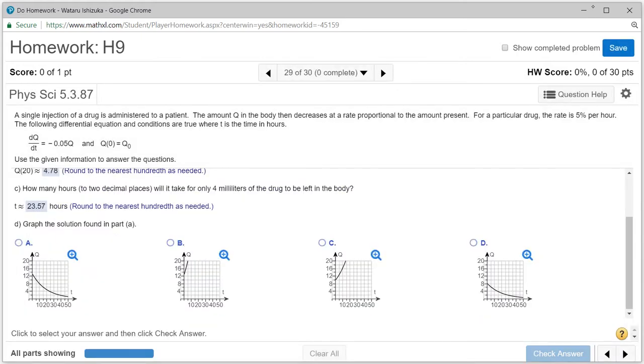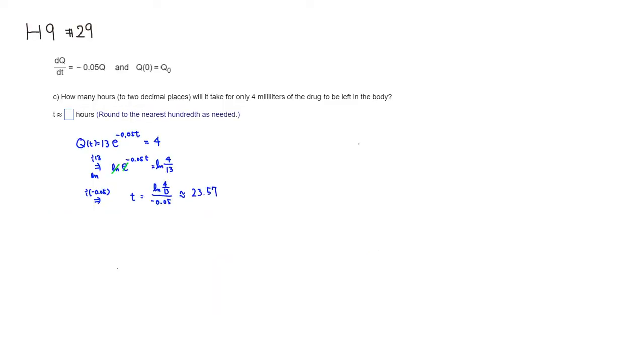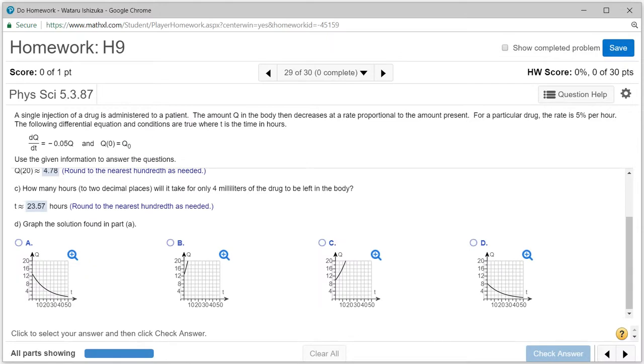Now we want to look for the graph. This is an exponential function with a negative power here, so it's going to be a decreasing one. A looks okay, B is definitely not, and C is not the correct one, so it's D, right?